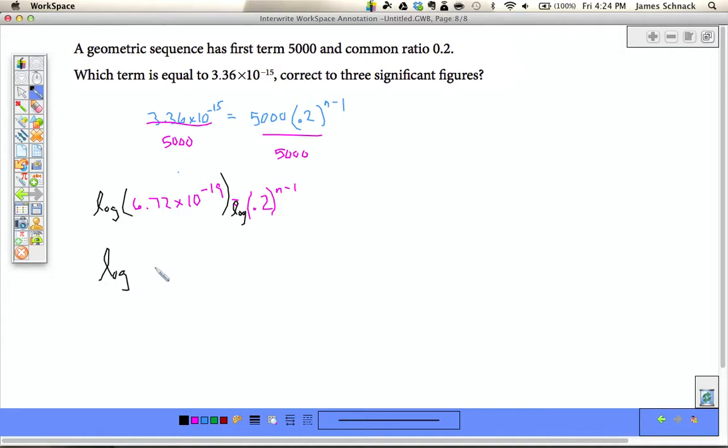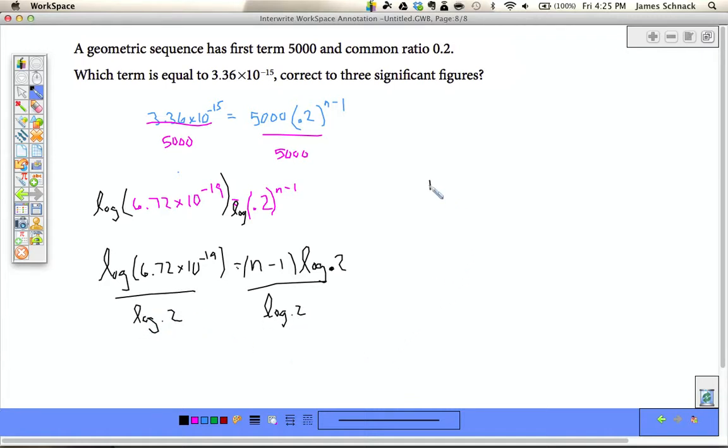So now we have log of 6.72 times 10 to the negative 19th equals, now the beauty is that exponent comes down, and we have n minus 1 times log of 0.2, divided by log 0.2, and we get n minus 1 equals log of 6.72 times 10 to the negative 19th over log of 0.2.